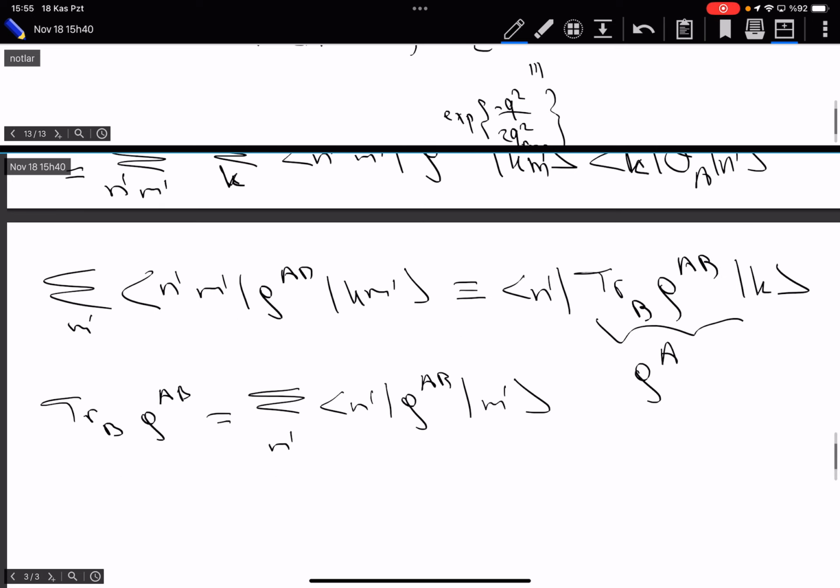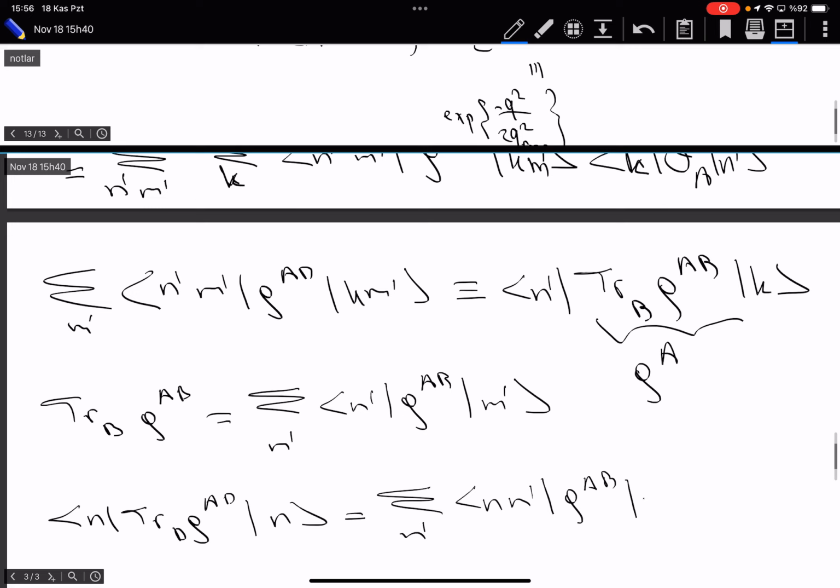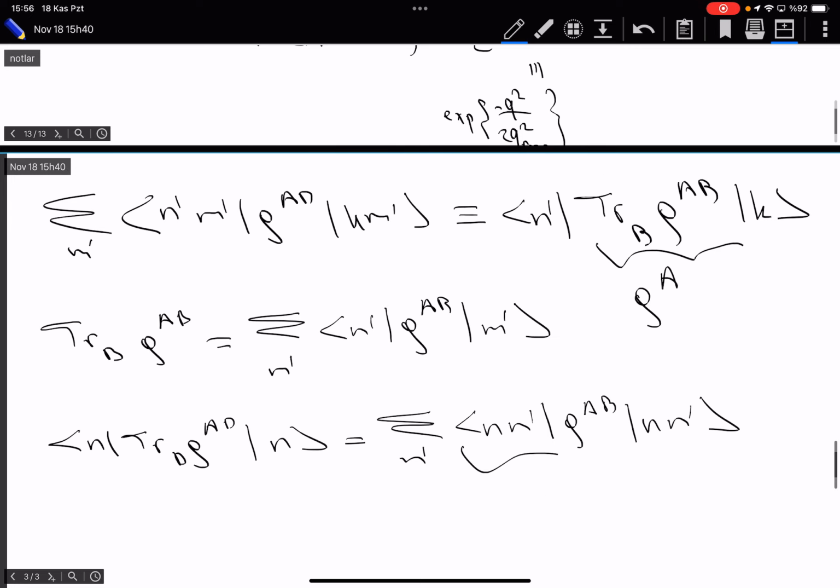Let's, for example, look at the diagonal entry of this one. Well, see, this is the probability that my combined system is in the state n m prime.